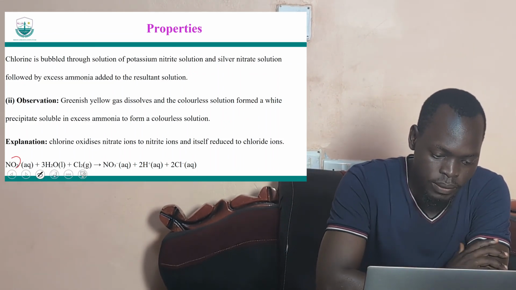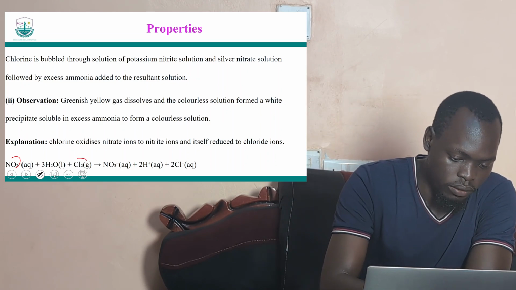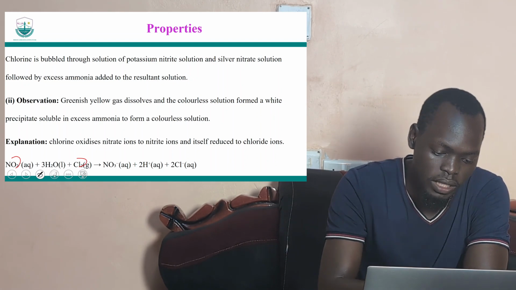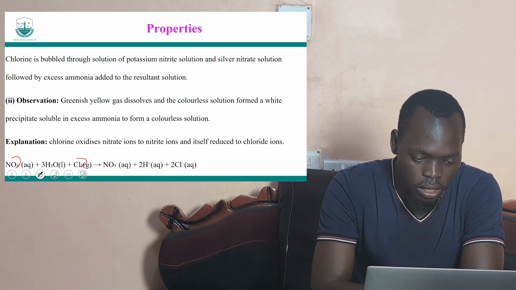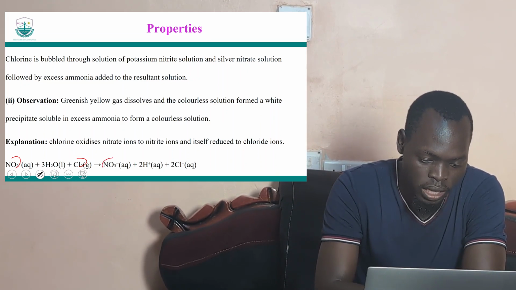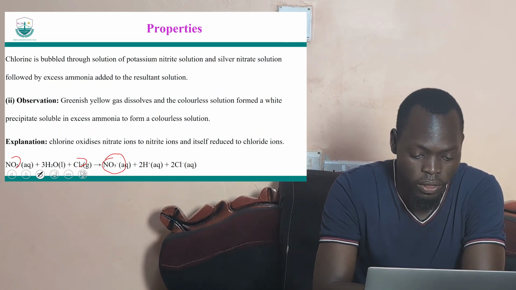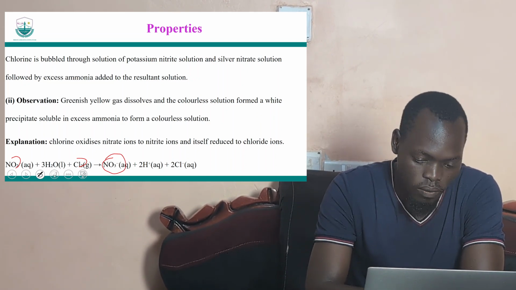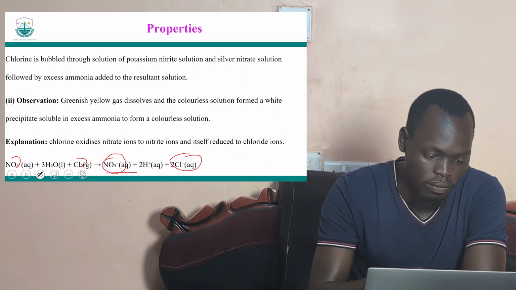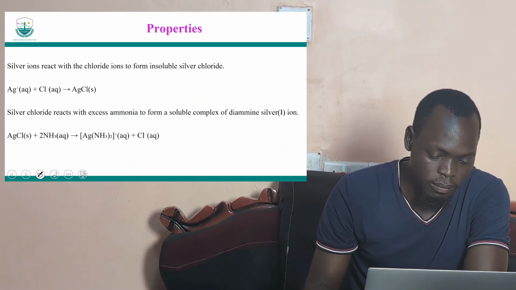These are the nitrite ions. When reacted with chlorine, chlorine, as an oxidizing agent, will oxidize these nitrite ions to nitrate ions, and then itself will be reduced into chloride ions. And this basically forms the white precipitate.